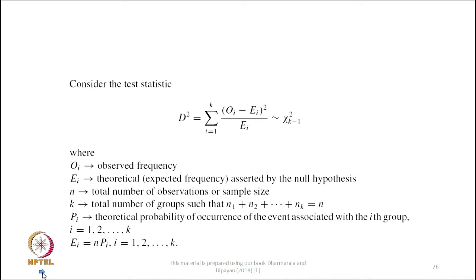There is a property of the chi-square distribution: the sum of chi-square distributions, whenever those are independent, is again a chi-square distribution. Actually, without the summation, each one is a chi-square distribution with 1 degree of freedom, but you have k such random variables. It will not be a chi-square distribution with k degrees of freedom, because the total sample is involved and the individual groups are also involved.